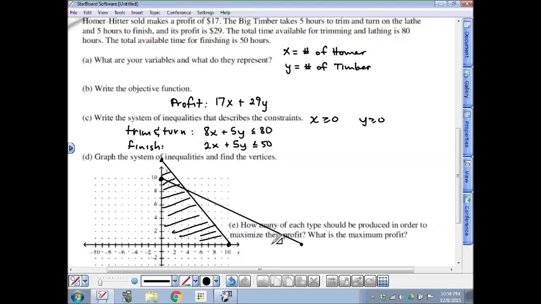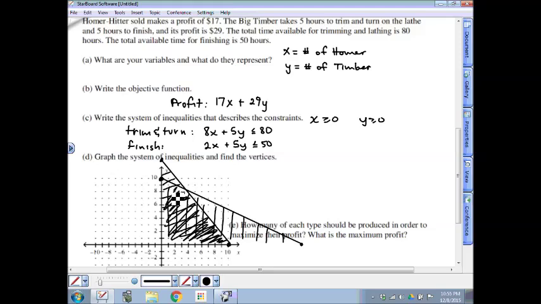And if you choose the same test point, you would find that we're also shading underneath towards the test point. So the double shaded region is this region right here.